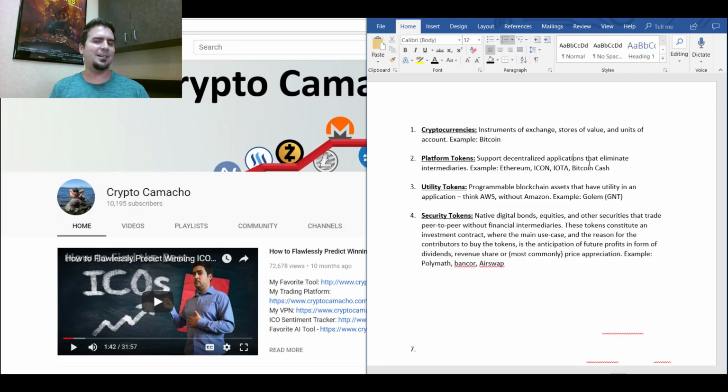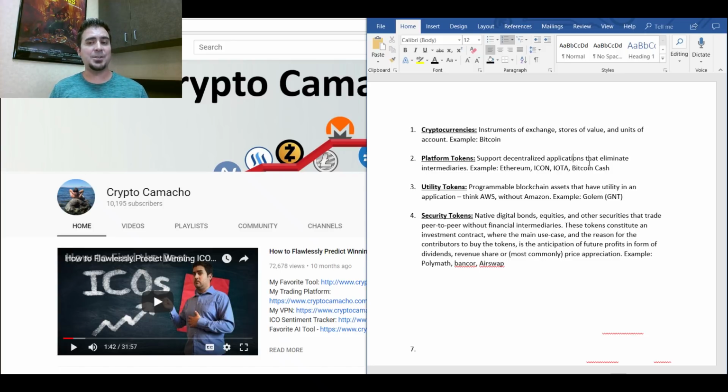A classic example of this would be BitConnect, right? Assets that are speculative in nature, but at a future time, people are expecting them to materialize into a financial gain of some sort, right? In the case of BitConnect, it was a financial loan being facilitated as you lent out your tokens, you got money in return, right? That is an example of a security token, right?